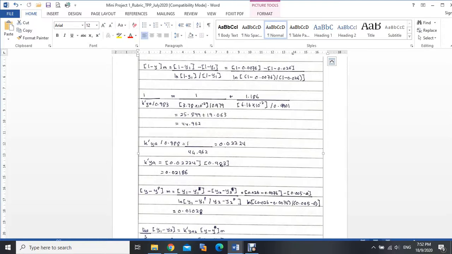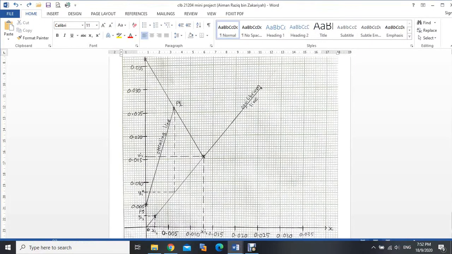Y1 star you can get from the graph, from P1, and go to the equilibrium line without going through the slope. Okay, don't let it go through the slope, and go to the left, and then we will get the value for Y1 star, right here. And Y2 star is from point 2 where we go to the equilibrium line, and this is the value for Y2 star, which is 0.